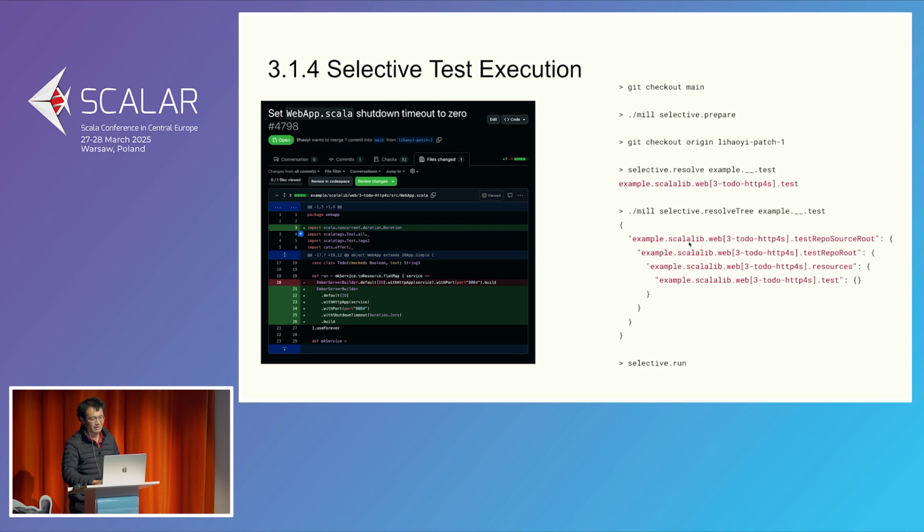I can get the task tree of who affected who. So the test repo source root was changed, therefore it affects test repo root, therefore affects resources, therefore affects the test target. And I can run it, and it will therefore only run that one test rather than running every single test, including the ones which are mostly unrelated. Very good in CI, where you want to speed things up, and you often only change small parts of your code base.